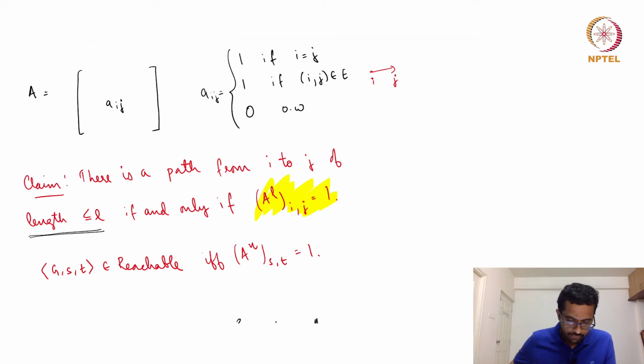I will just give you a high level idea. By definition, the claim is true for L equal to 1. A is A to the power 1, and the way we have chosen the entries of A, it satisfies this requirement.